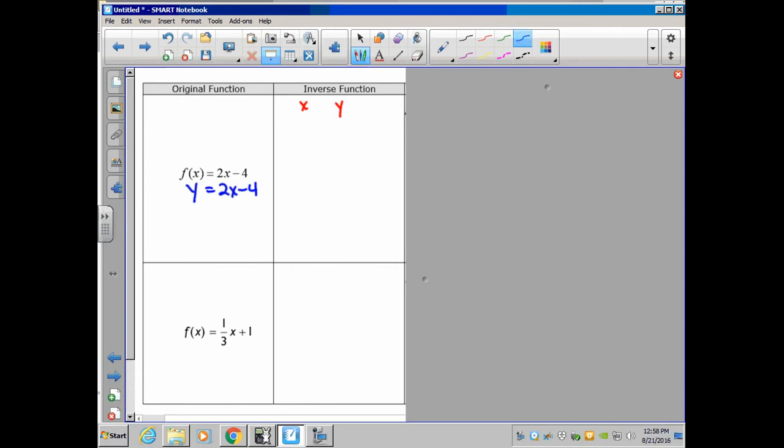So I have x equals 2y minus 4. All I did was switch the x and the y, and now I solve for y. So I'm going to add 4. Now I've got to get rid of that 2, so I divide. So I have 1 over 2x, and then 4 divided by 2 is 2. And there's my inverse function.